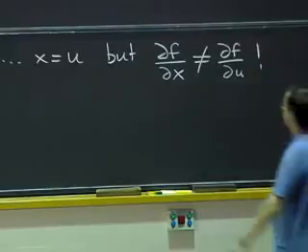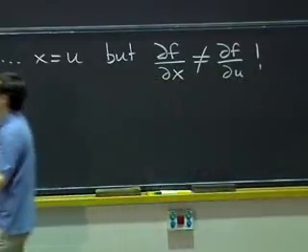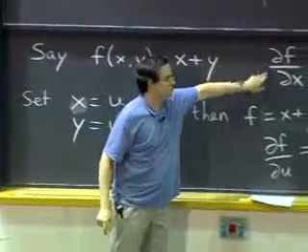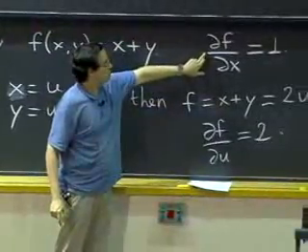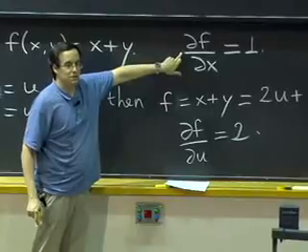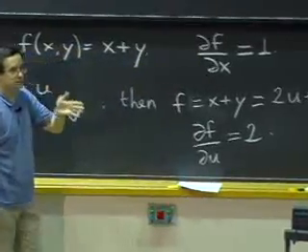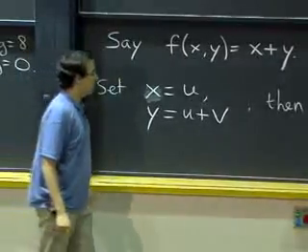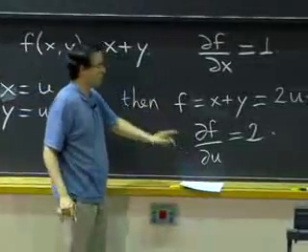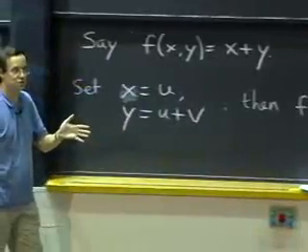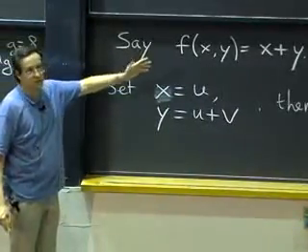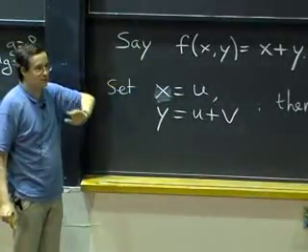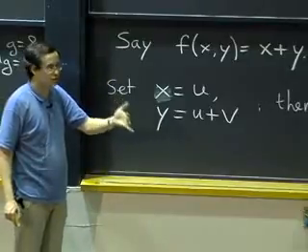So how do we get rid of this contradiction? Well, we have to think a bit more about what these notations mean. When we write partial f over partial x, it means that we are varying x, keeping y constant. When we write partial f over partial u, it means we are varying u, keeping v constant. So varying u or varying x is the same thing, but keeping v constant or keeping y constant are not the same thing.